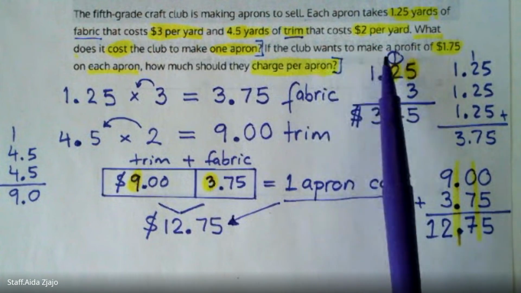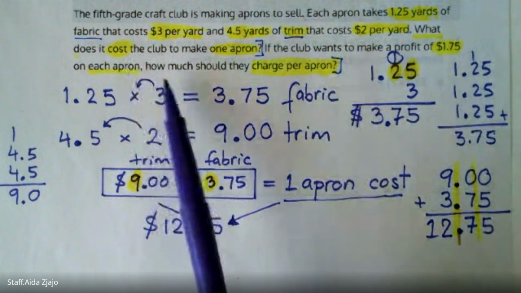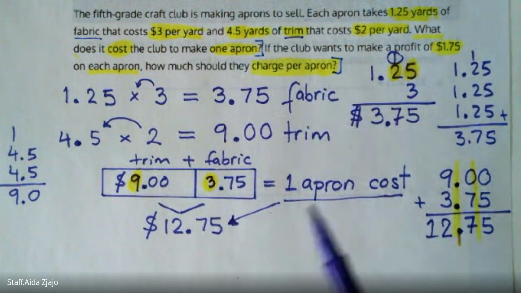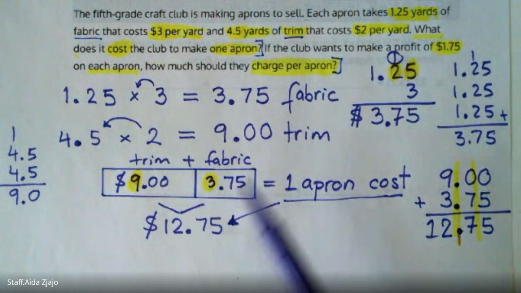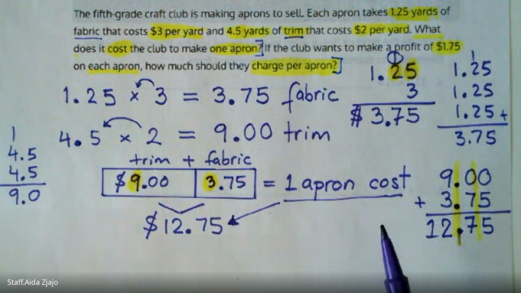If the club wants to make a profit of $1.75 on each apron, how much should they charge per apron? So this was the total cost, plus the profit should be the charge for the apron.